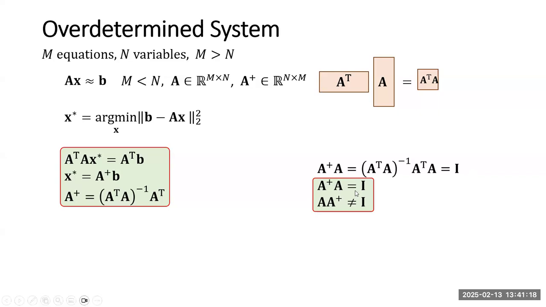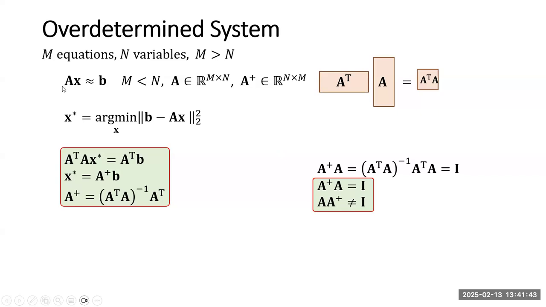Why not? Because A A transpose will be an M by M matrix. So if M is 100 and N is 10, this would be a 100 by 100 matrix.